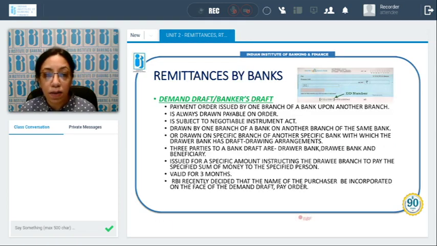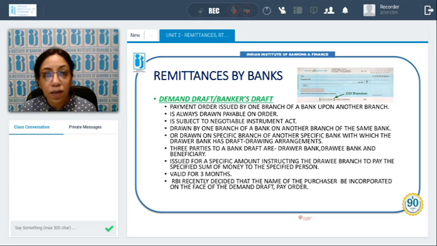Remittances by banks. Demand draft, which is also called banker's draft or pay order. I have put in an image of the demand draft, how it looks like. It is a payment order which is issued by one branch of a bank upon another branch. It looks like a check. It is always drawn payable on order.